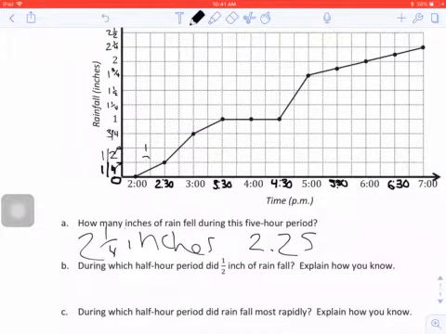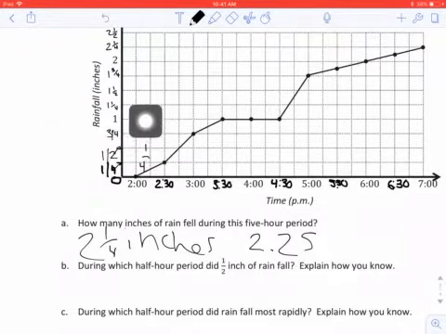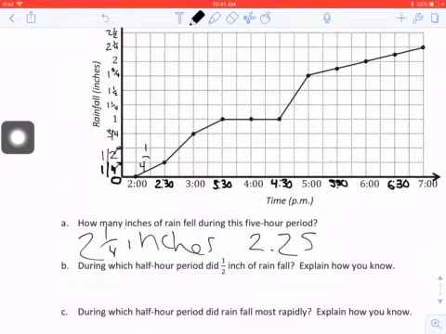Another way to think about that, instead of adding each one, since we know each of these lines represent 1/4, how many lines does it have to grow to represent 1/2? It has to grow up 2 lines.